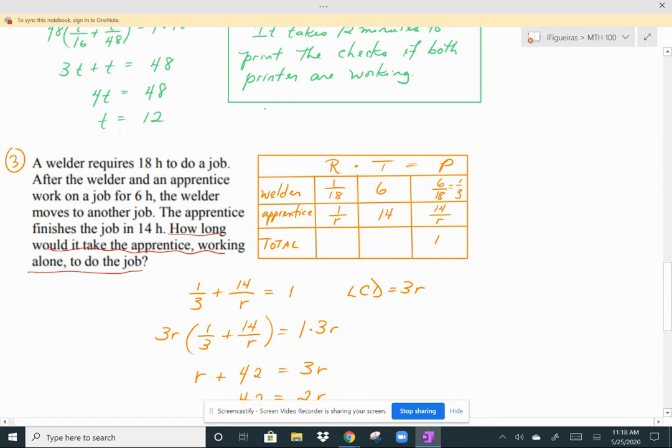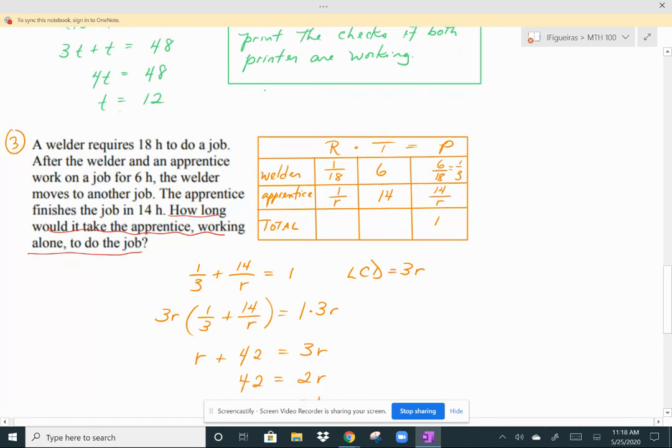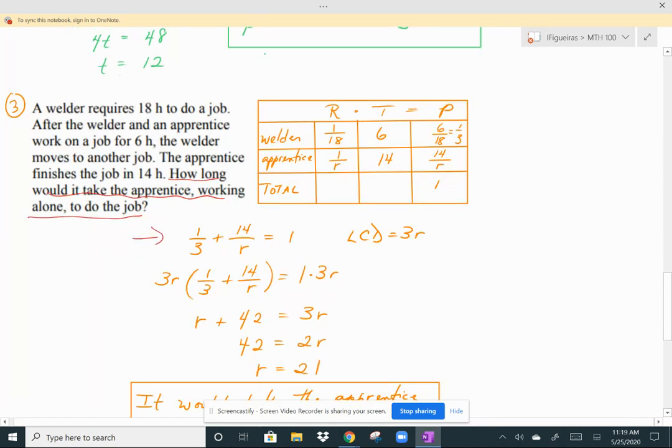Okay, so your equation is 1/3 plus 14 over r equals 1. Now, the LCD is 3r. Multiply the left side and the right side by 3r. On the left side, when you distribute, you get r plus 42, because 3 times 14 is 42, and the r's cancel.